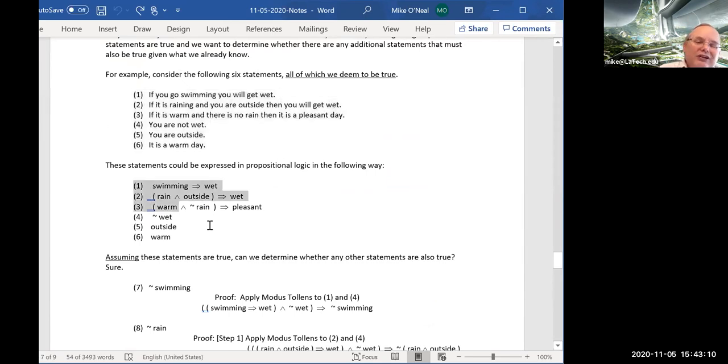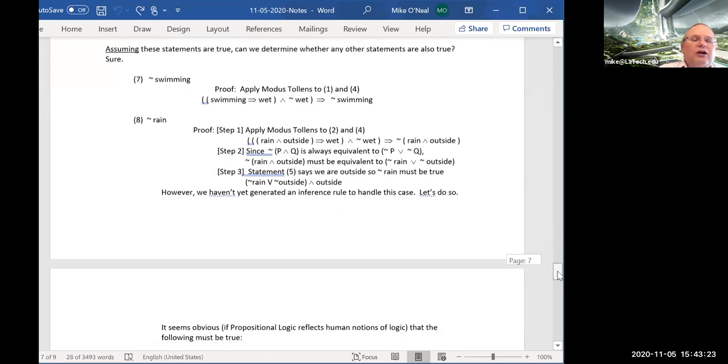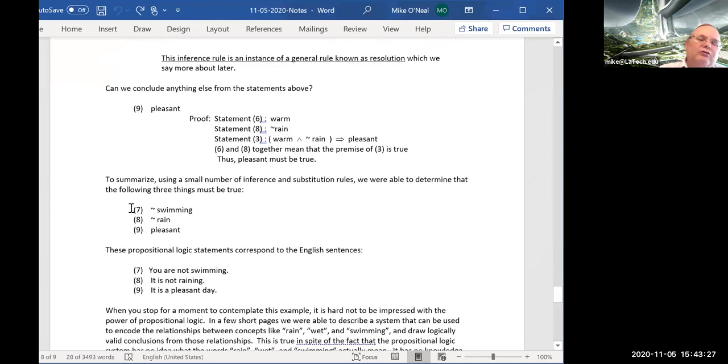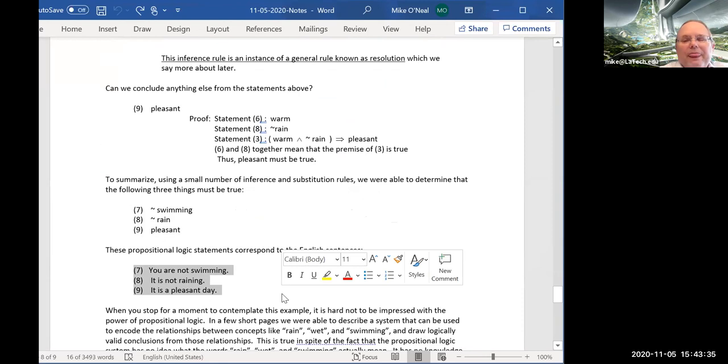Now, you really kind of need to feed it a story already in this form. A lot of work went in over the years trying to take English and convert it to logic. But if you give me the story in propositional logic, a simple program could conclude these 3 things, which translated back to English roughly say, I'm not swimming, it's not raining, and it's a pleasant day.